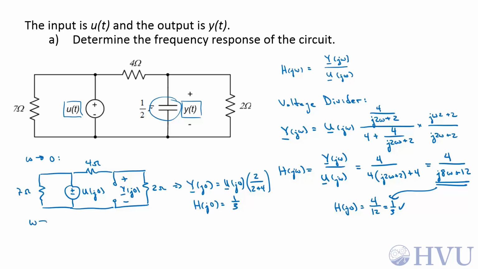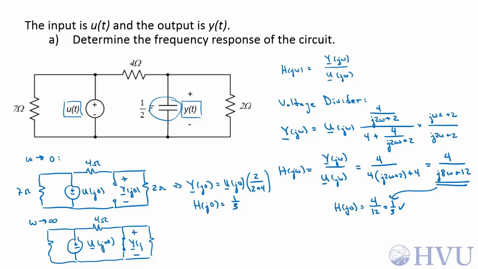I also want to take a look as omega goes to infinity. So that resistance, this voltage source, U(j∞), 4 ohms. The capacitor becomes a short circuit at high frequencies, 2 ohms. And there is, by definition, no voltage difference across a short circuit.